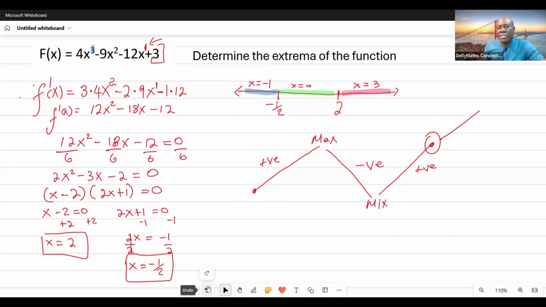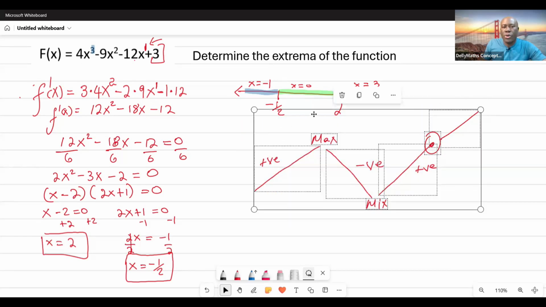So we're looking to see if we change signs or keep the sign. If the sign changes, then we can tell if it's a max or minimum. But if the sign remains, like a negative and then a negative, or a positive then a positive, we're at an inflection. All right, so let us get into the math.